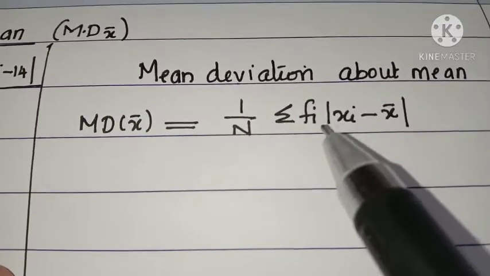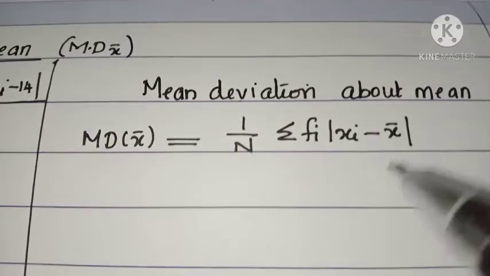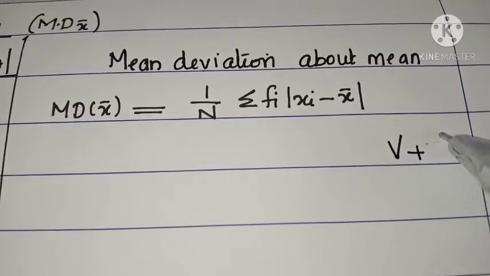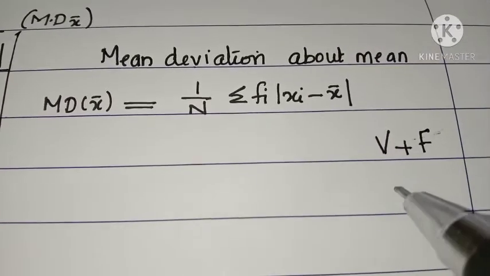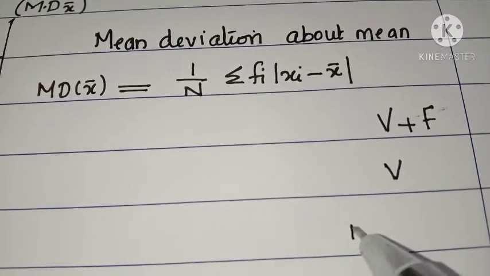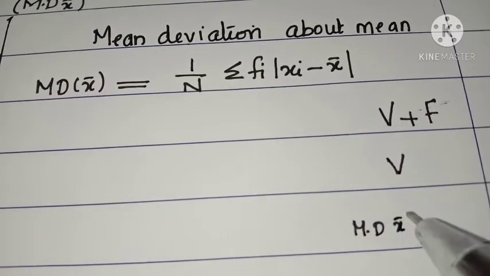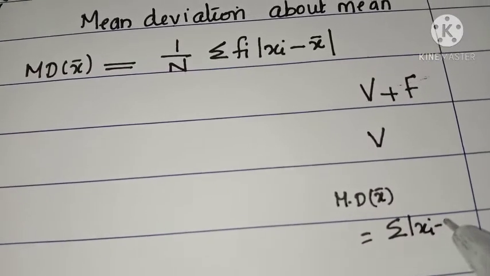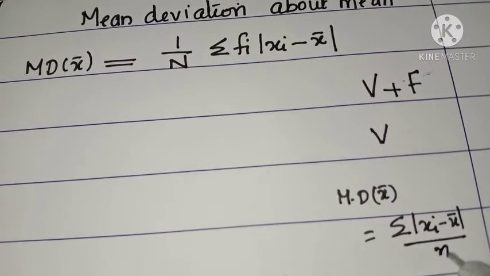Okay, so this is the formula for mean deviation about mean for grouped data. Listen, grouped data means values plus frequency. See, if only values are given, then mean deviation about mean is obtained by using the result sigma |xi minus x bar| divided by n.